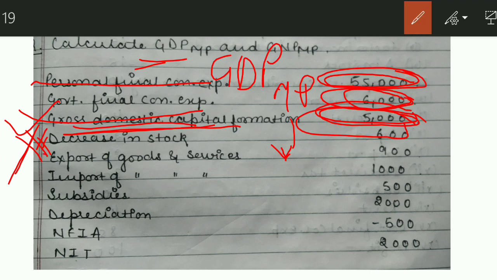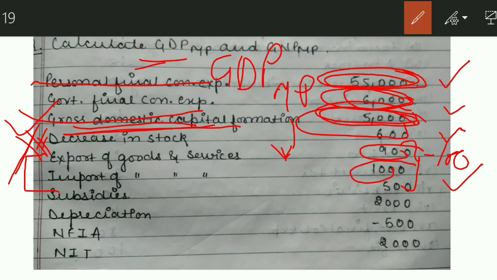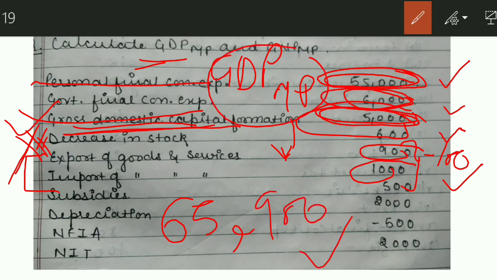Now net exports is exports minus imports. Exports are 900 and imports are 1000, so net exports would be minus 100. So when we do 55,000 plus 6,000 plus 5,000, it would be equal to 66,000. Then plus minus 100, that would be equal to 65,900. So GDP at market price is 65,900.